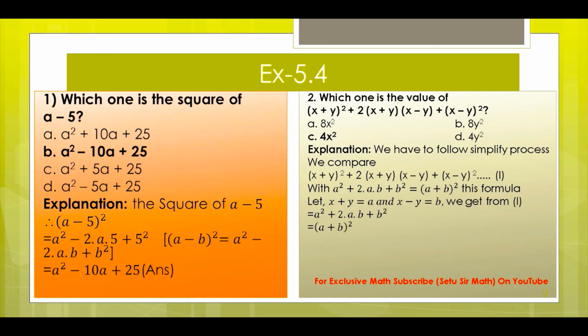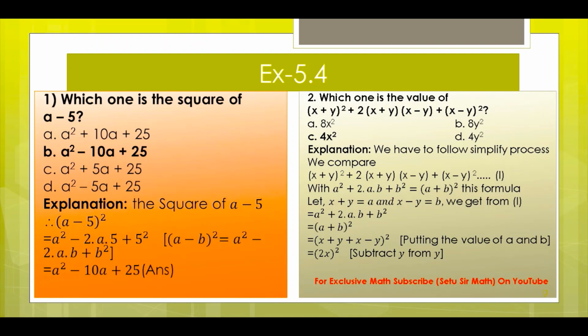So from this we can write a plus b whole square, and now putting the values of a and b: a is x plus y, b is x minus y. Now we can cancel y and y, because plus and minus cancel.